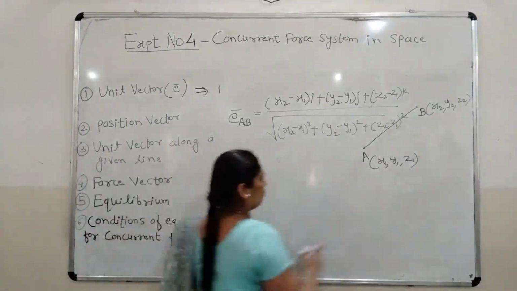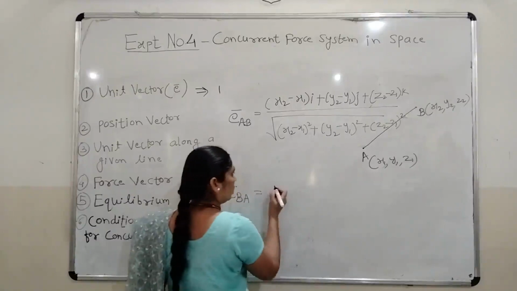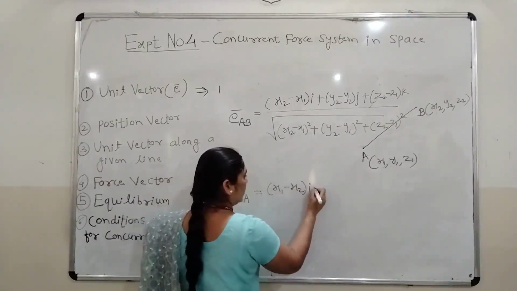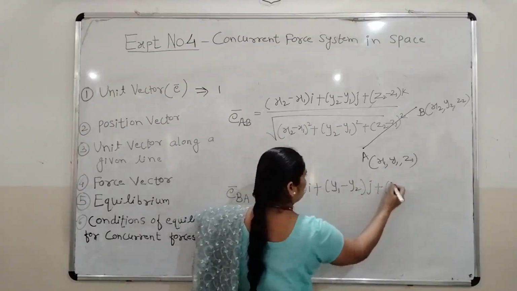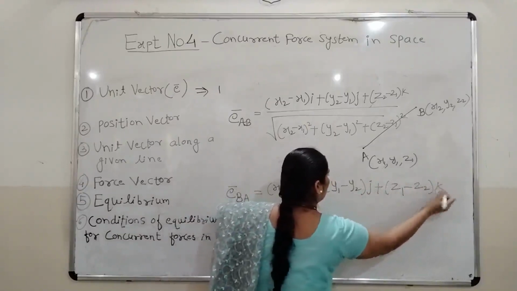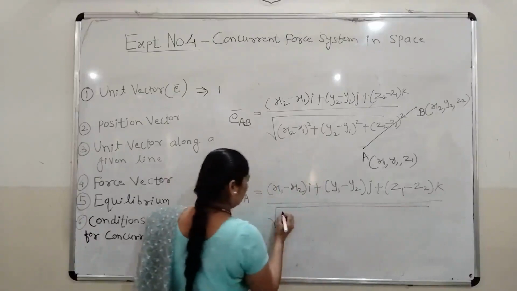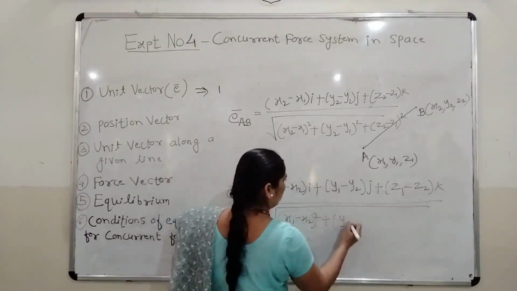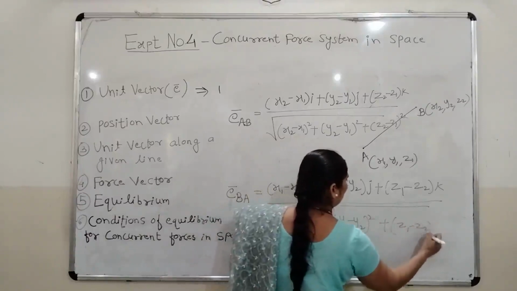Okay, so we are going from B to A. So to find out the unit vector along that line, x1 minus x2 i plus y1 minus y2 j plus z1 minus z2 k divided by the magnitude of this quantity, that is x1 minus x2 whole square plus y1 minus y2 whole square plus z1 minus z2 whole square.